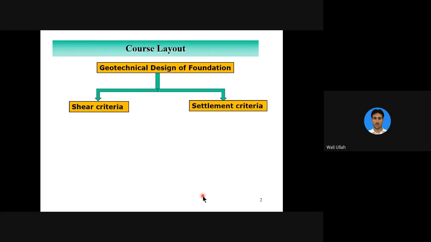Shear criteria and settlement criteria. What is shear criteria? The soil beneath the foundation should not fail in shear. Your geotechnical design of the foundation should be such that the soil underneath the foundation should not fail in shear. So here you will prevent the shear failure of the soil due to foundation load.